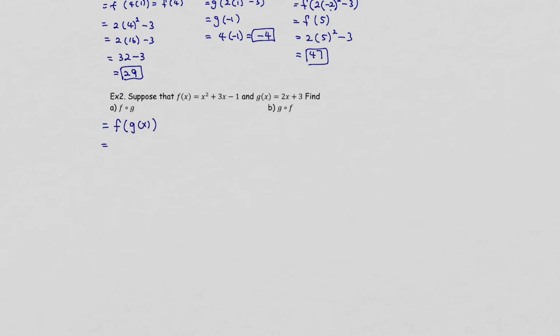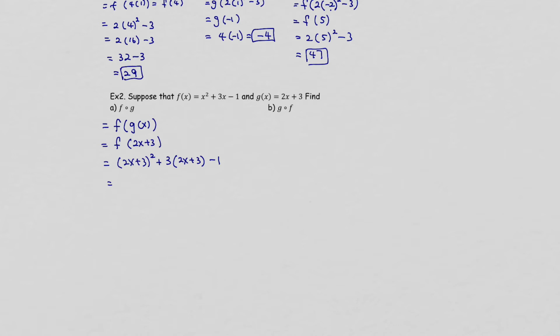So then we're going to replace, what's the g of x? g of x is 2x plus 3 in this problem. So that's what we are going to replace into the f of x function. Wherever you see x in f of x, you're going to replace it with 2x plus 3. So then you get 2x plus 3 squared plus 3 times 2x plus 3 minus 1.